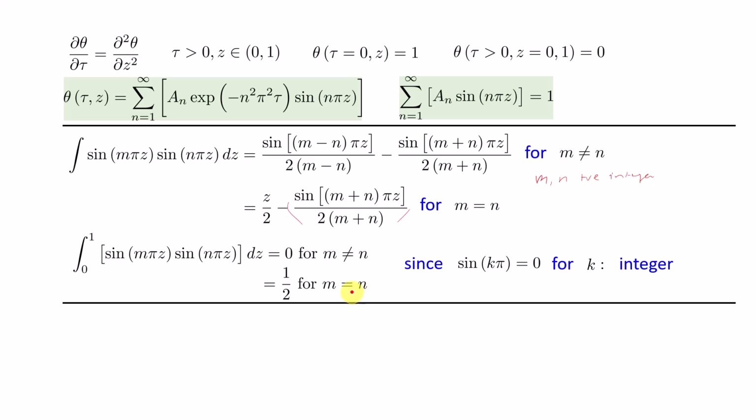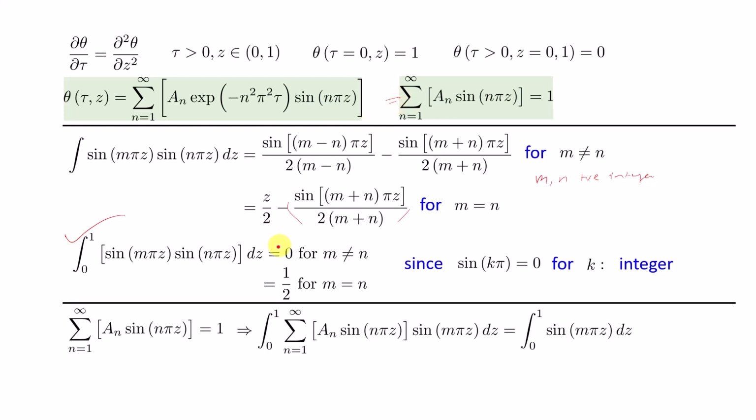Now we are going to use this idea to evaluate our an. So we come back to this expression, and I multiply both sides with sine m pi z. This side is the summation of an sine n pi z times sine m pi z.